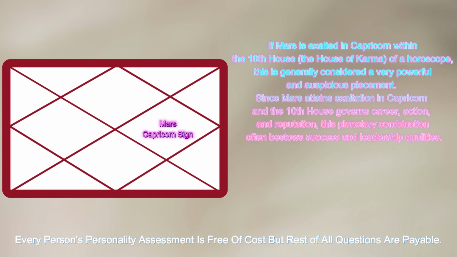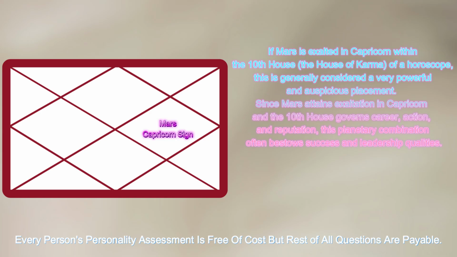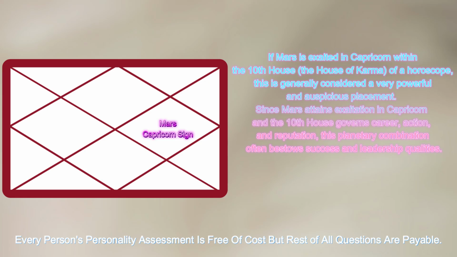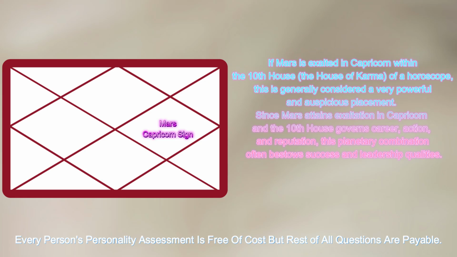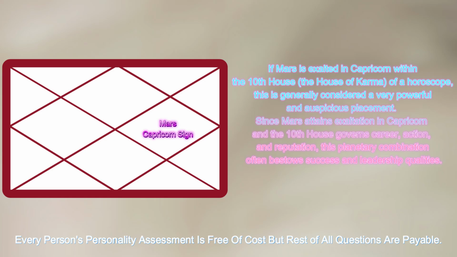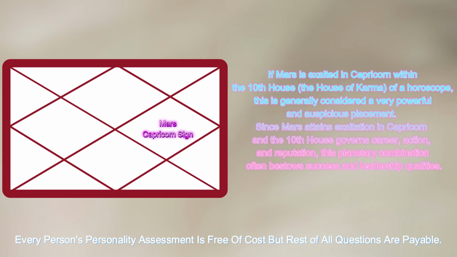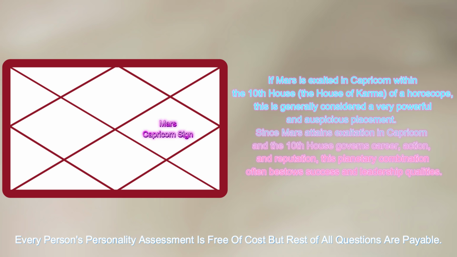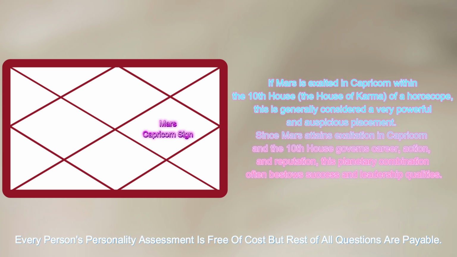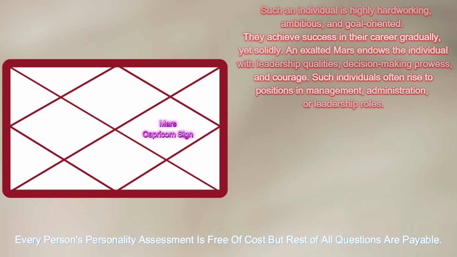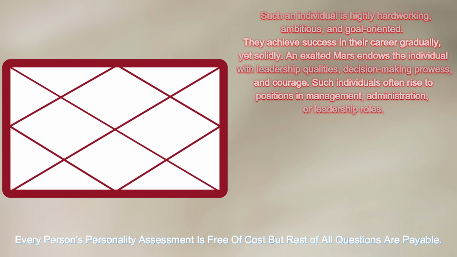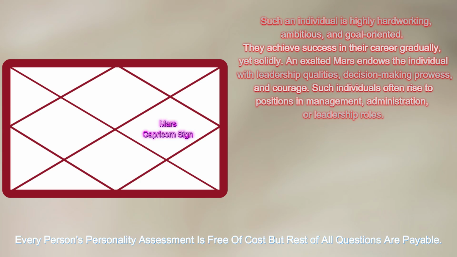Since Mars attains exaltation in Capricorn and the 10th house governs career, action, and reputation, this planetary combination often bestows success and leadership qualities. Such an individual is highly hardworking, ambitious, and goal-oriented.